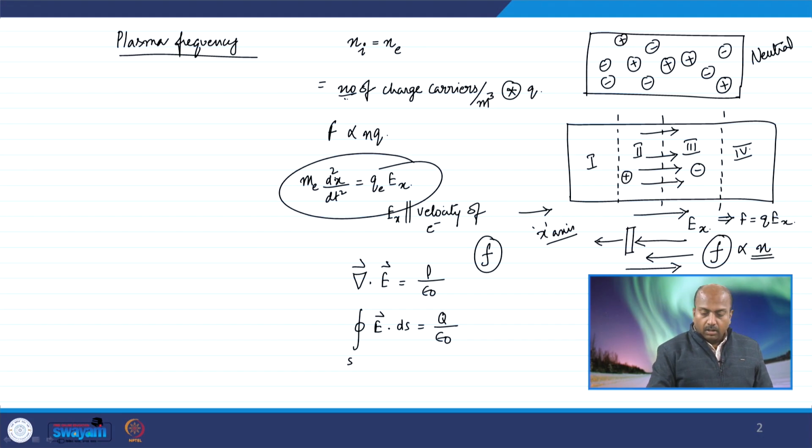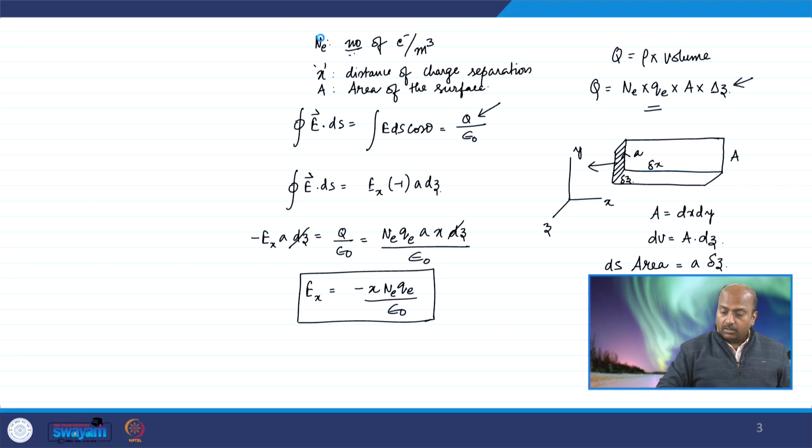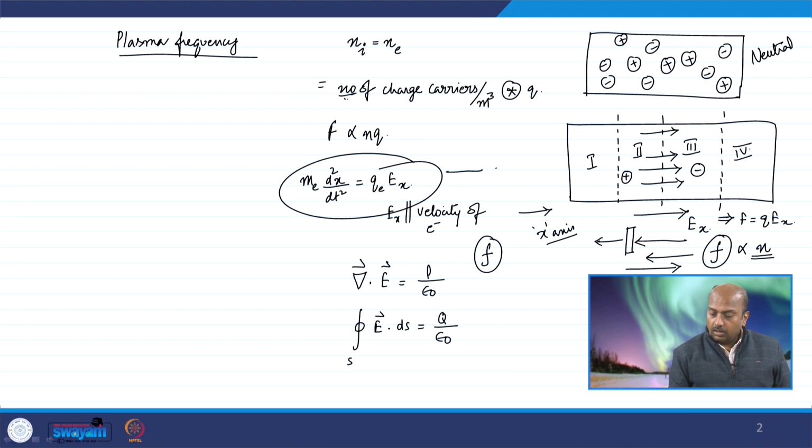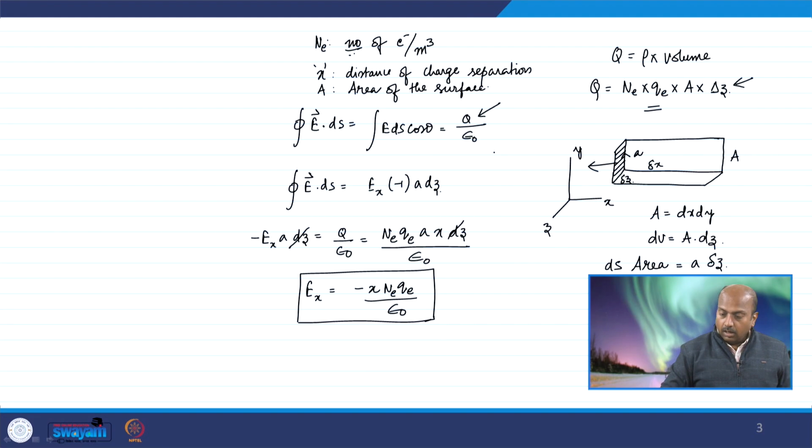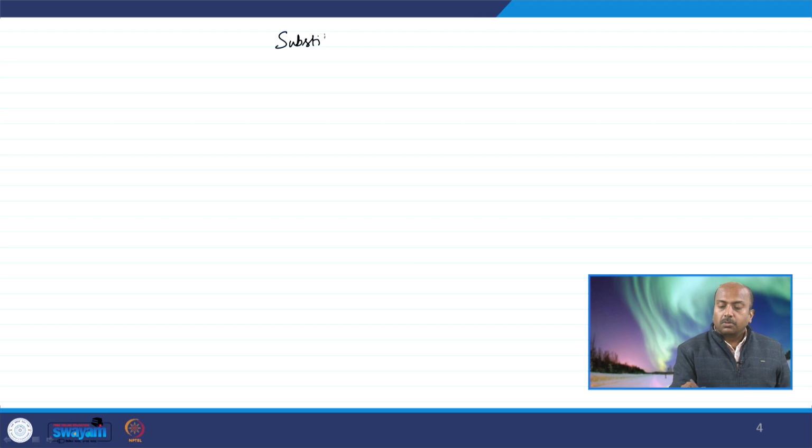Okay. So we can substitute Ex. For the sake of reference, let us call this as equation number 1, and let us say we call this as 2 and 3.